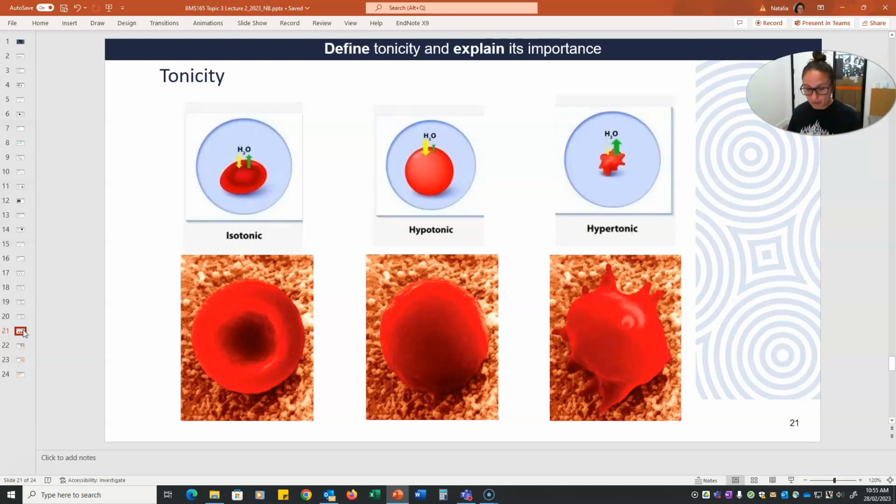Okay? So this is the result. Isotonic solution, no net water movement. Water goes in and out, but no net movement. Hypotonic solution results in water gain. Hypertonic results in water loss.